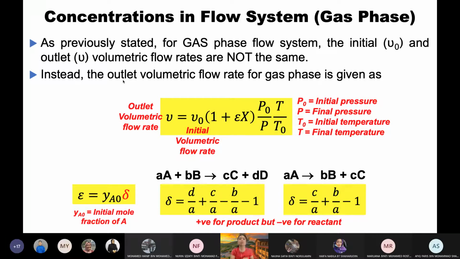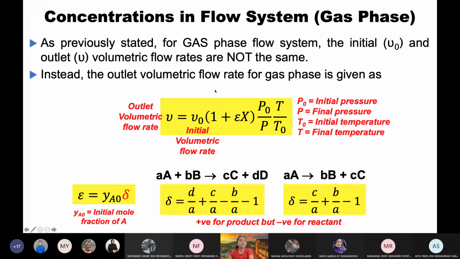Sebab batch kita assume volume sama, inlet outlet. Liquid flow, volumetric flow rate inlet outlet sama. Tetapi gas flow reactors, inlet outlet volumetric flow rate is no longer equal or is never equal. Tapi kalau tak equal, macam mana kita nak relate dia kan? So there is an equation to relate it. The equation is given as outlet volumetric flow rate equals to inlet or initial volumetric flow rate.